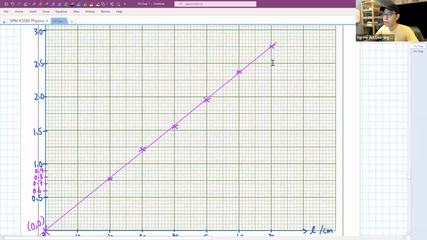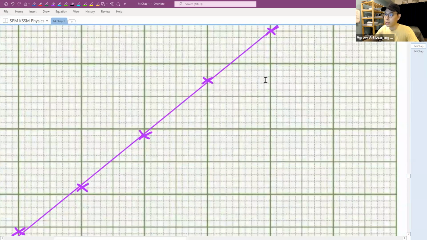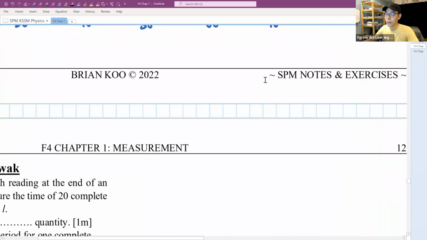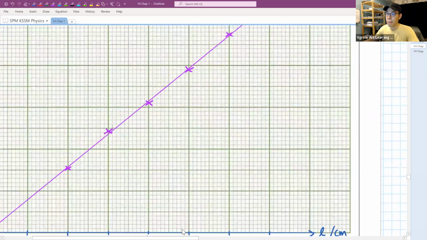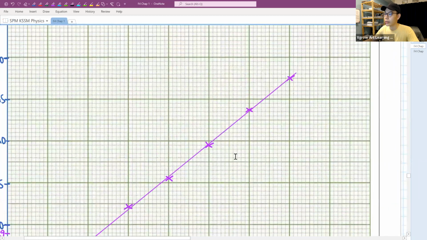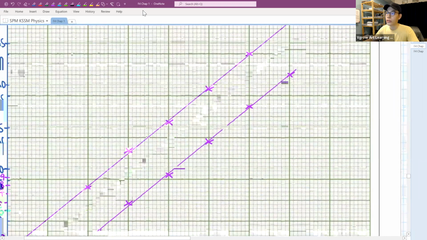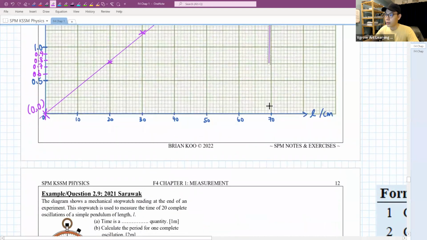We are going to use the line only. So let's draw a triangle. My 70 also passed through quite nicely. I think I am going to draw a triangle like this.